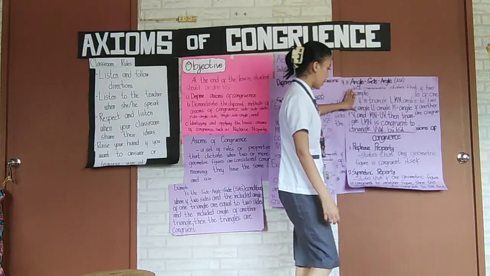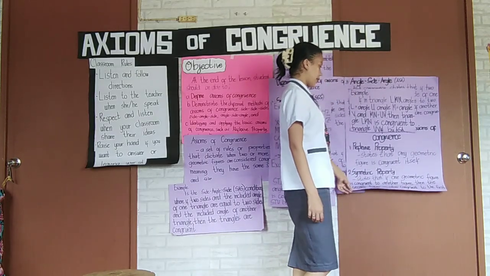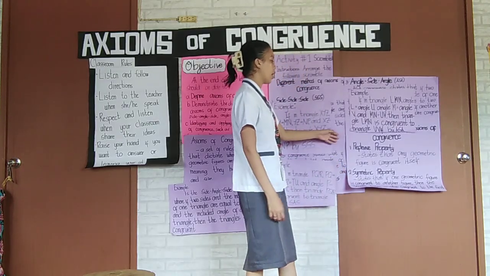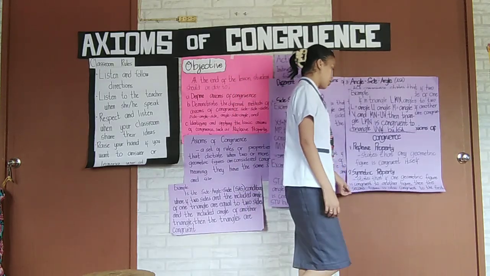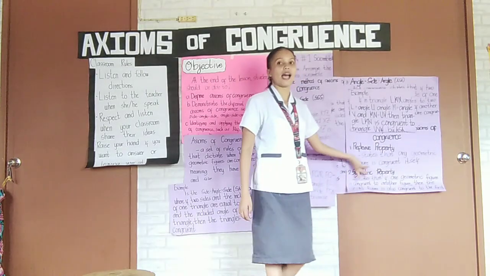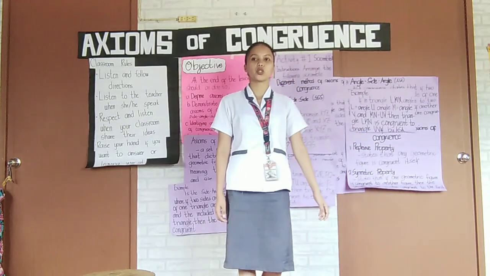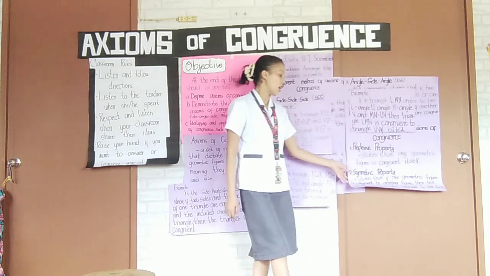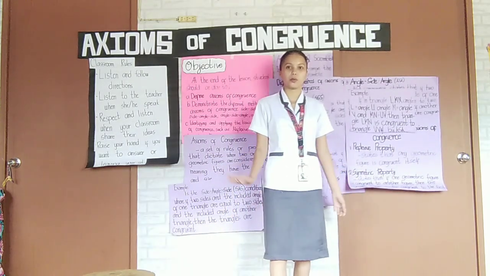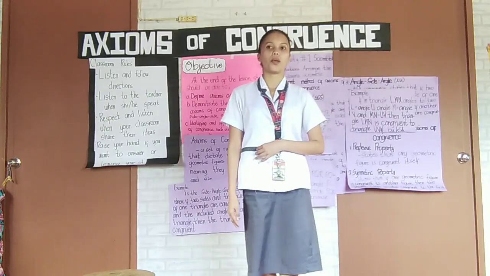The second is symmetric property. It states that if one geometric figure is congruent to another figure, then the second figure is also congruent to the first. So this property highlights the bidirectional nature of the congruence relationship, where if A is congruent to B, then B is congruent to A.